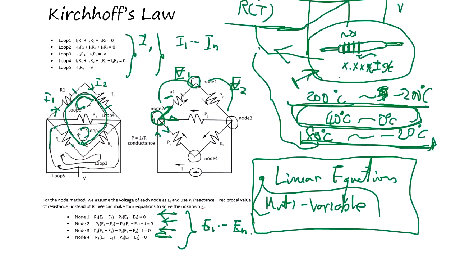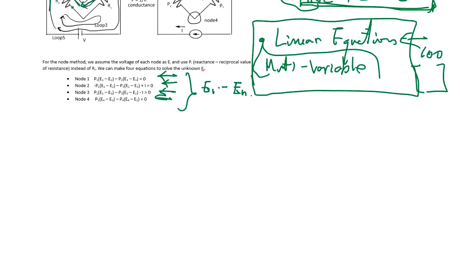Suppose you have a 100-component linear equation, it will be a 100-component matrix, and linear equations are basically a matrix equation. Say the matrix is A, and you multiply X equals B. So this is the B, and we create a matrix, and the X is E1, E2, En.